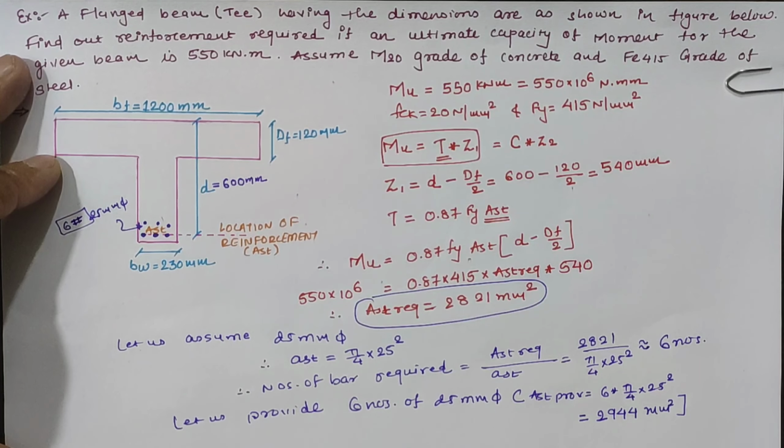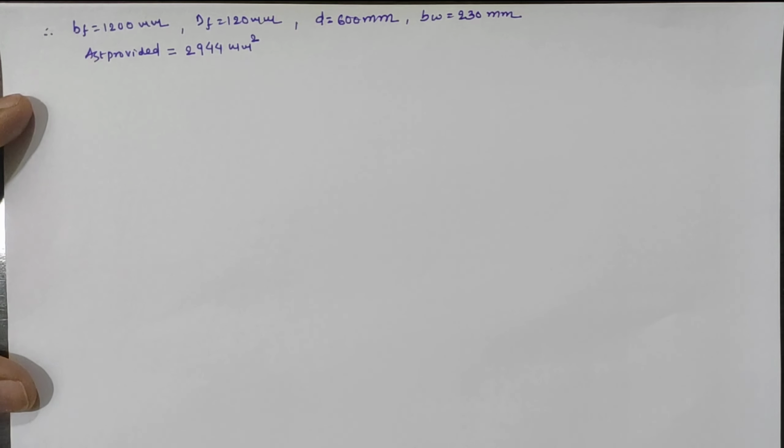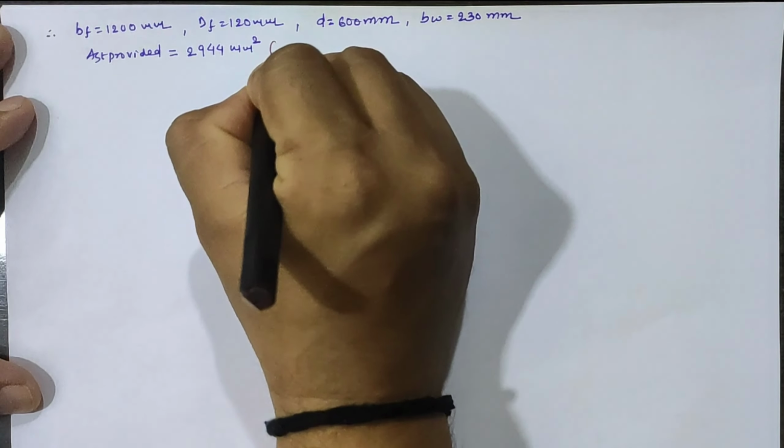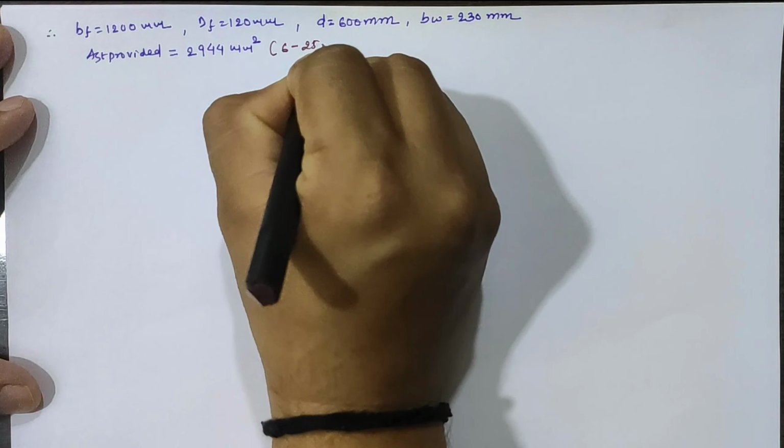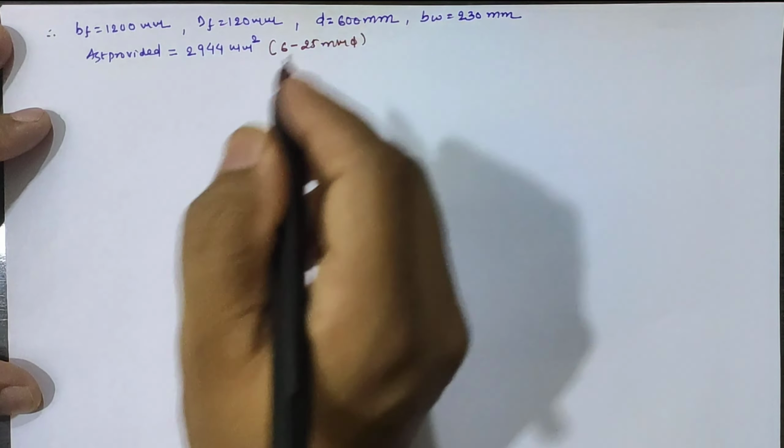So let us check whether the 6 numbers of 25 mm dia bar AST can take the ultimate capacity of moment as 550 or greater than 550. Now we have provided 6 numbers of 25 mm dia bar as AST.